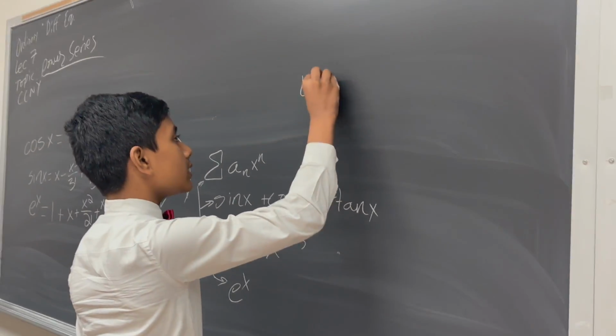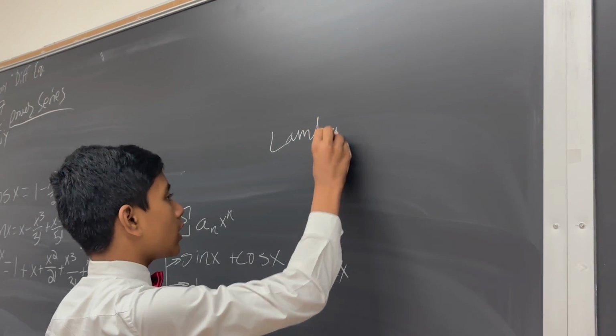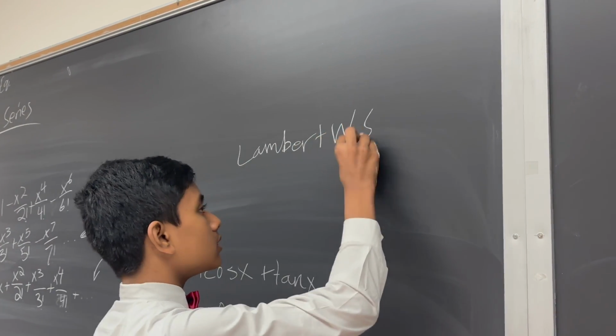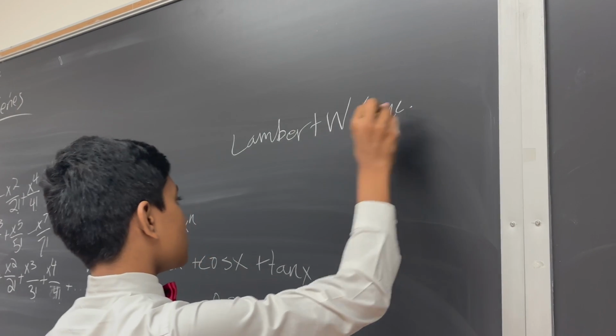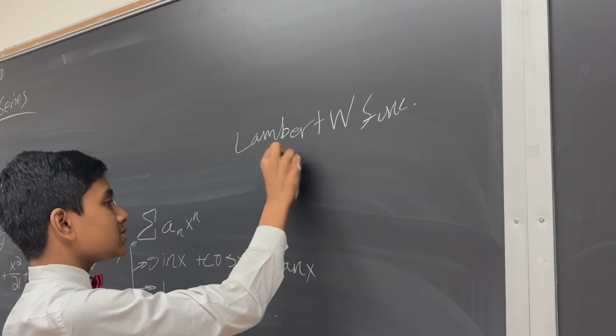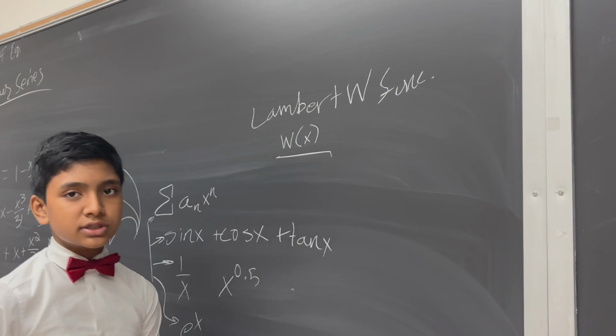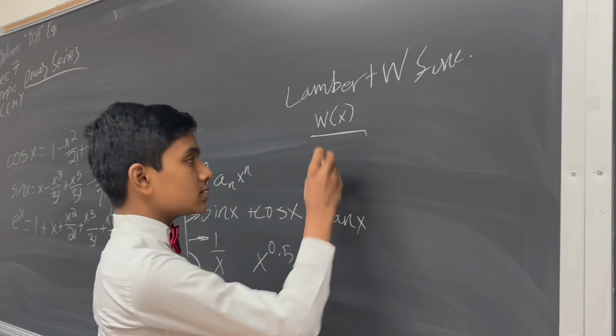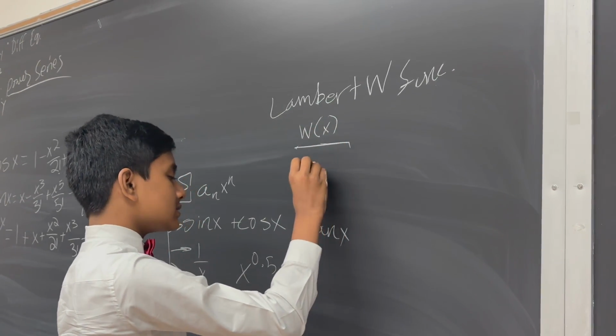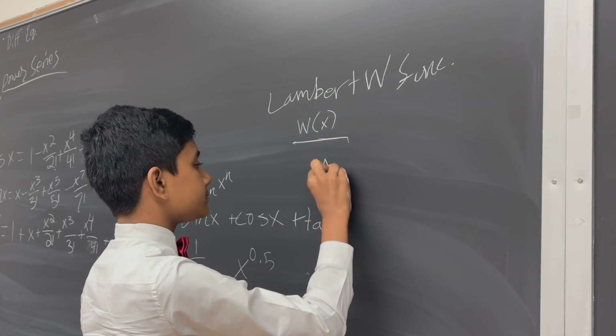For example, take the Lambert W function. W of x, the Lambert W function, is the function such that W of x satisfies the equation.